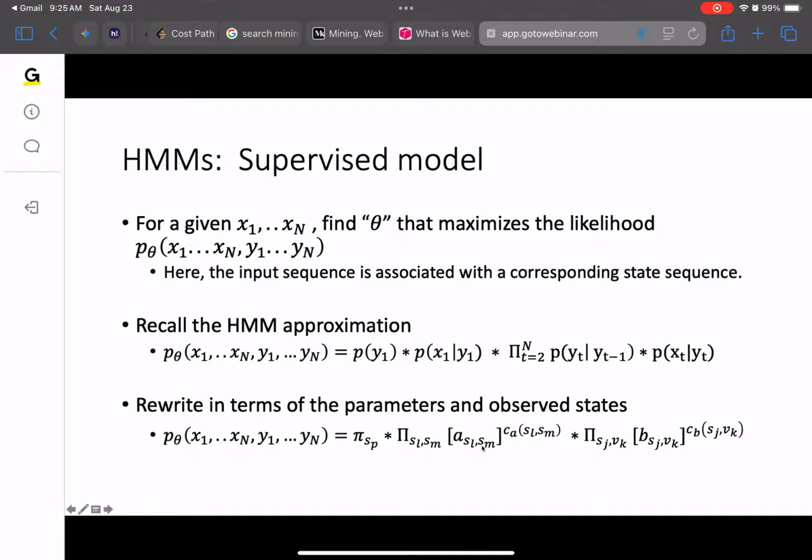A_{s_l, s_m} indicates the state transition from s_l to s_m, and C_A(s_l, s_m) indicates the number of transitions from state s_l to s_m. B_j's are the emission probabilities, and C_B indicates the number of emissions of the word v_k from the state s_j.